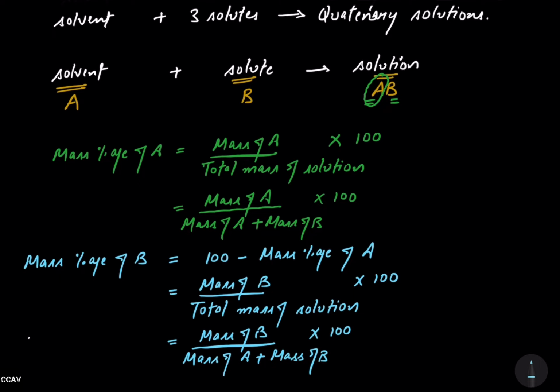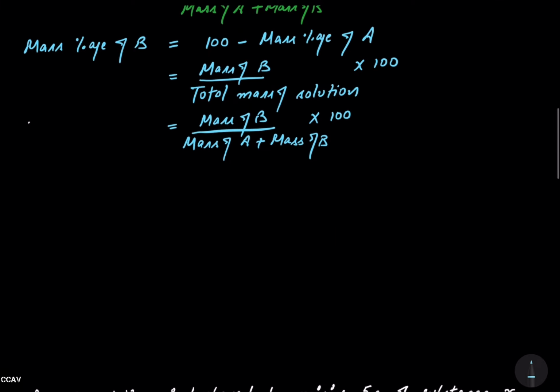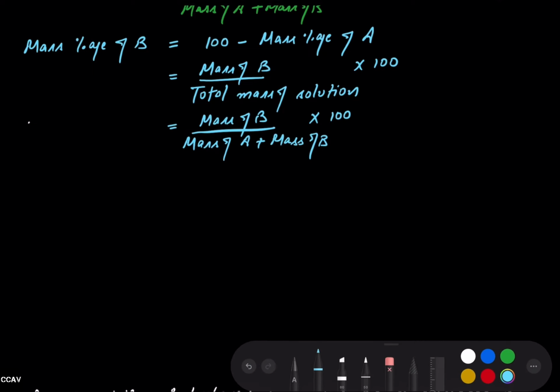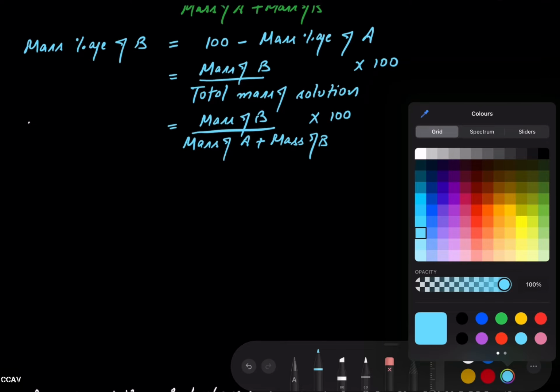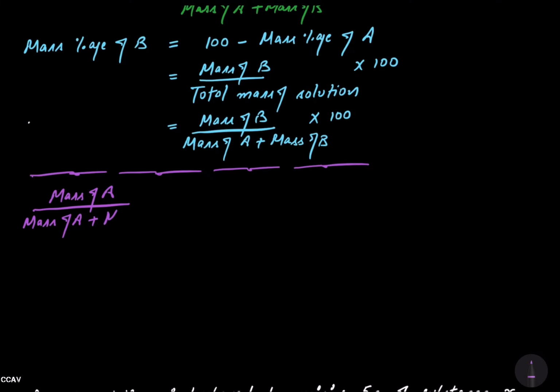So that comes out to be the mass percentage of B. I would like to mention one more thing, that mass of A divided by total mass, that is mass of A plus mass of B.